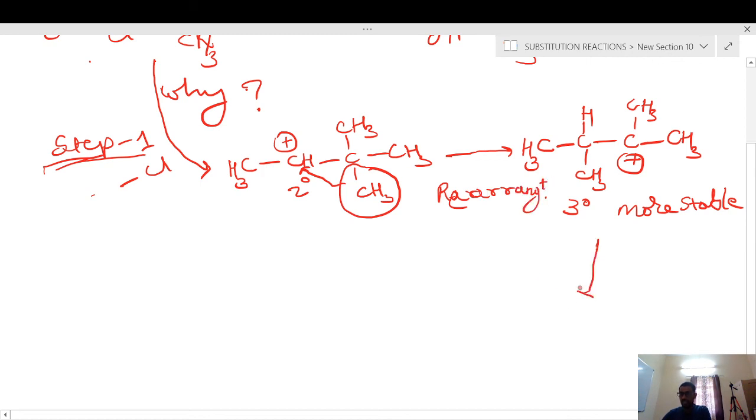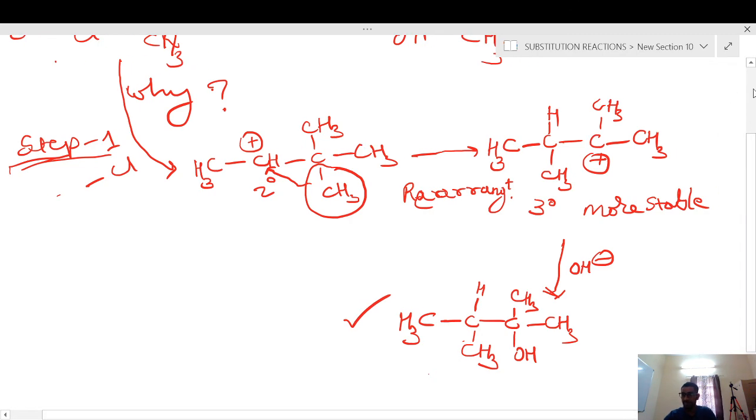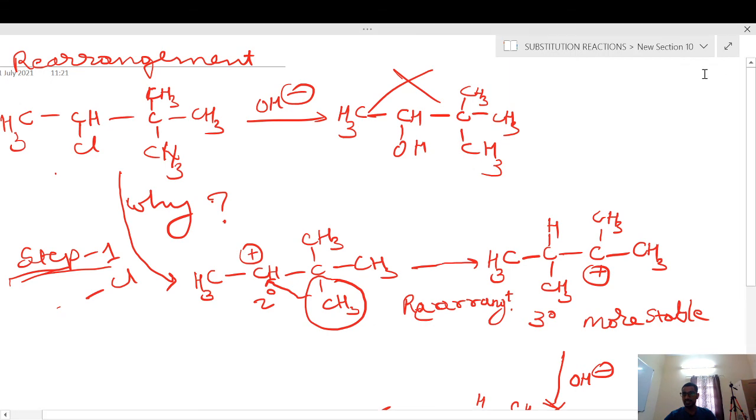Now this tertiary carbocation reacts with the incoming OH minus, and now you will get the alcohol with OH on the tertiary carbon. This is the right product. So as you can see, rearrangement is possible in SN1 reactions. One of the important reactions for NEET and JEE exams.